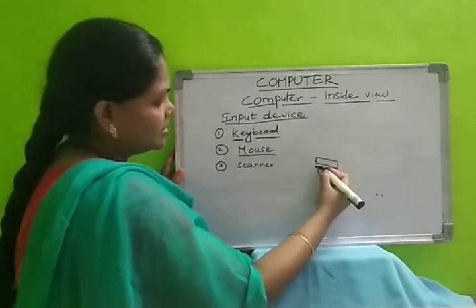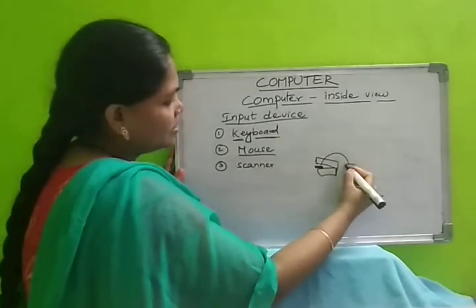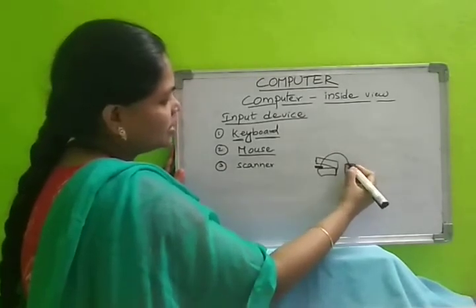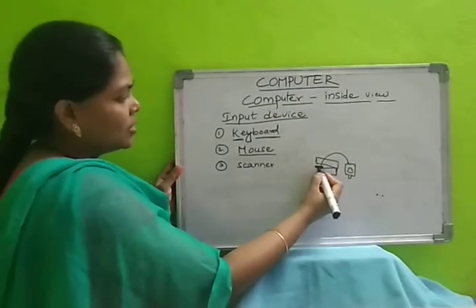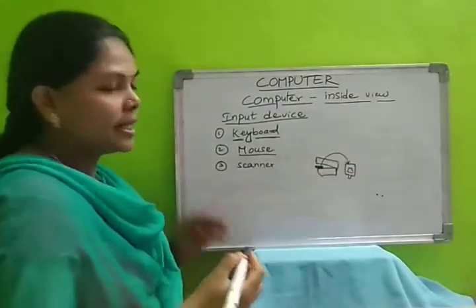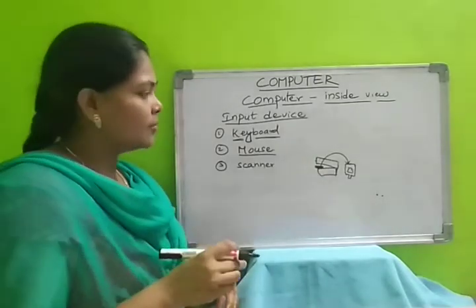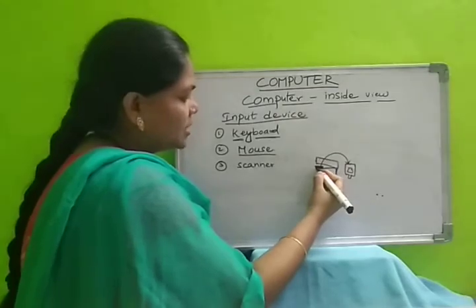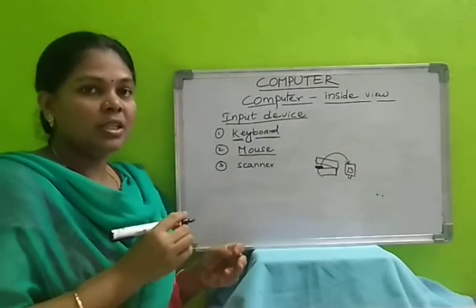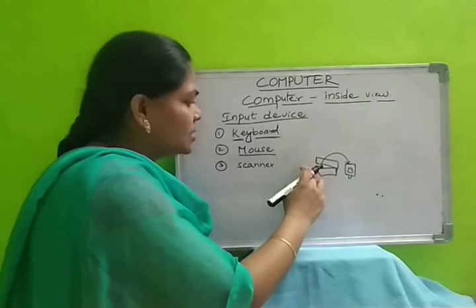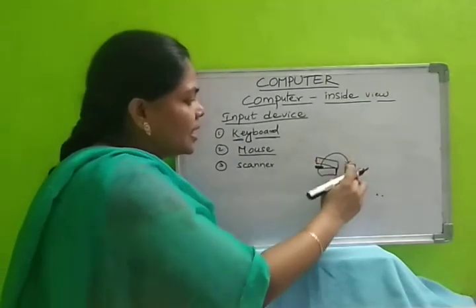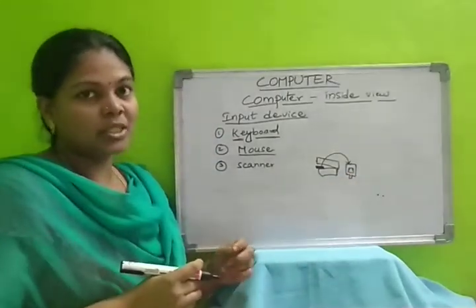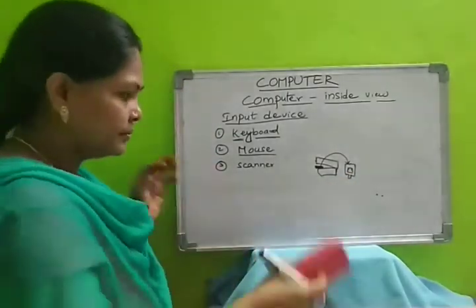So it scans this and makes the image in the computer. The hard copy is converted into an electronic image in the computer. Any photograph or marks list or any paper, anything that they scan using this, is converted as an electronic image into the computer.